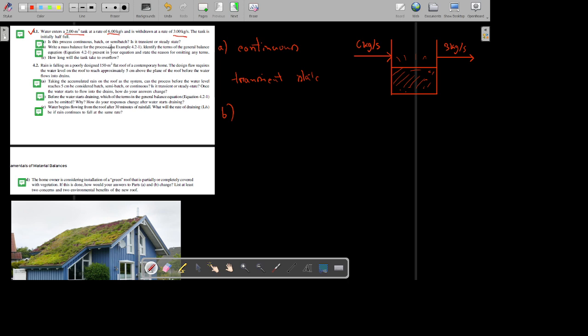Write a mass balance for the process. Identify the terms of the general balance equation present in your equation and state the reason for omitting any terms.